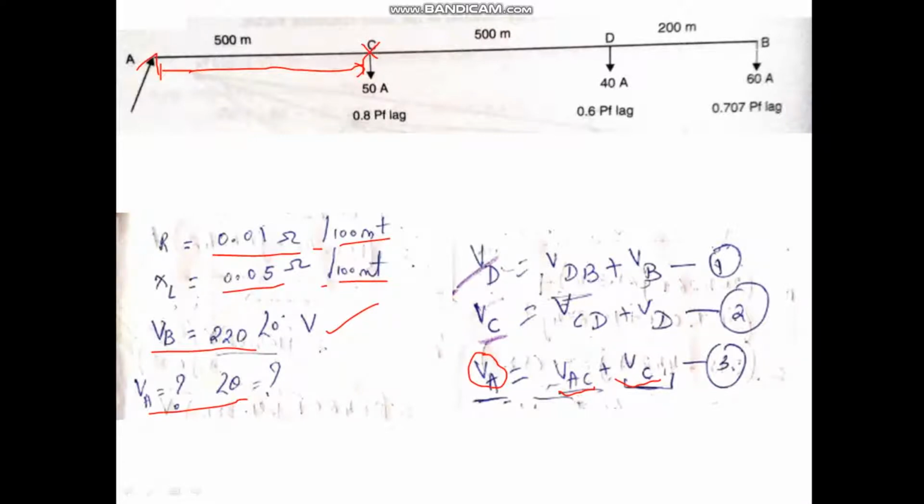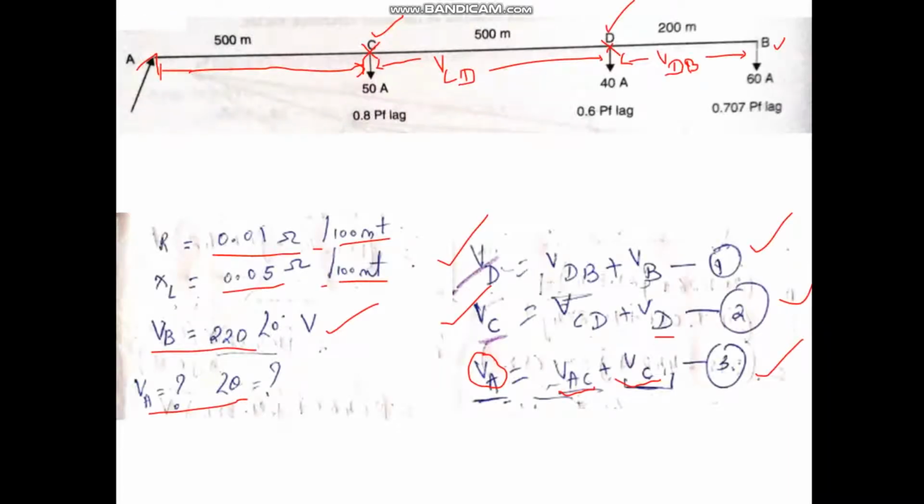But VC I don't know, so similarly VC I have to find. So VC would be VCD plus VD. This is my equation 2.